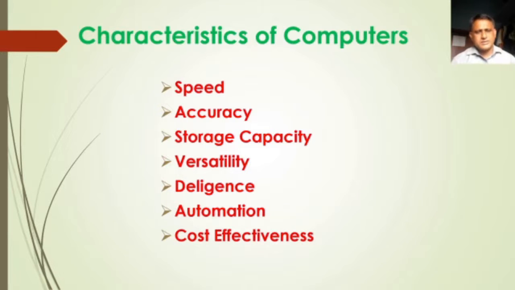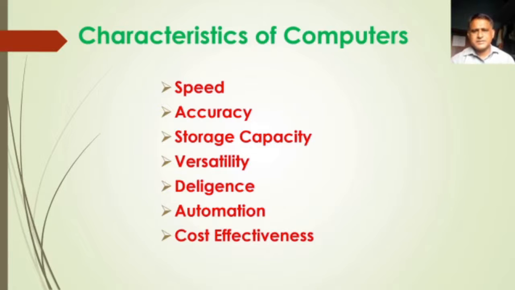The computers are so popular, so there must be some special characteristics which make these computers so popular. Because they are used everywhere, they should have some special characteristics. The special characteristics the computers have, which are not present in human beings, are listed here.